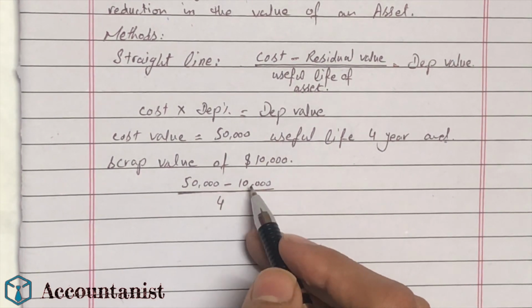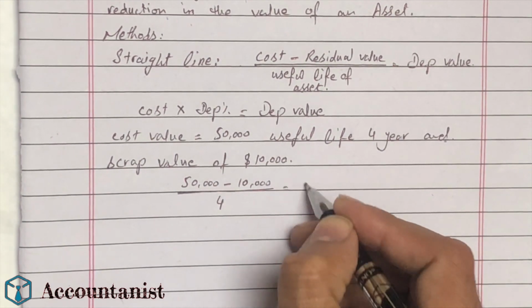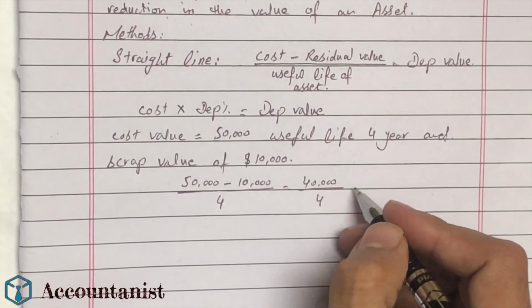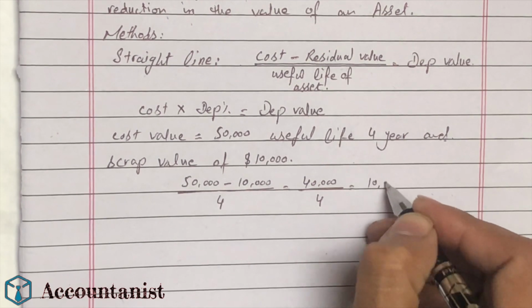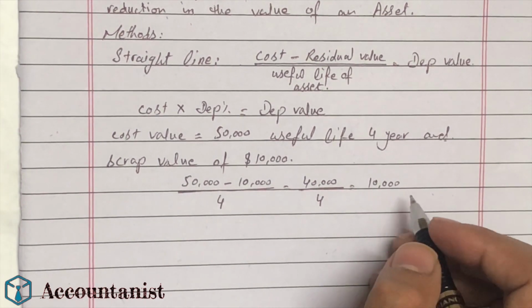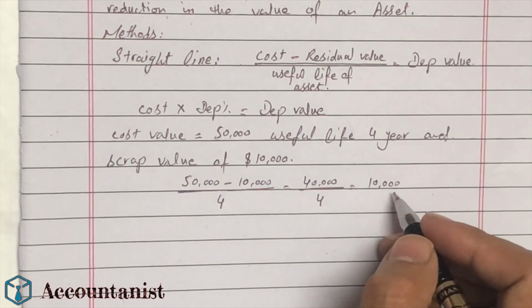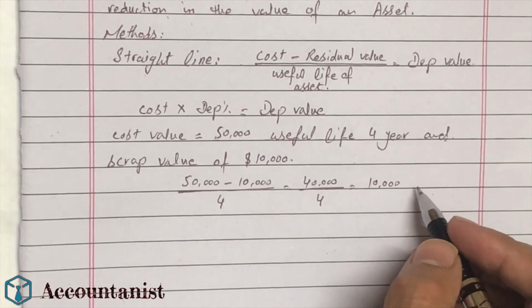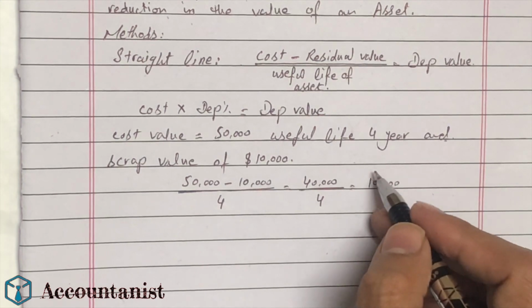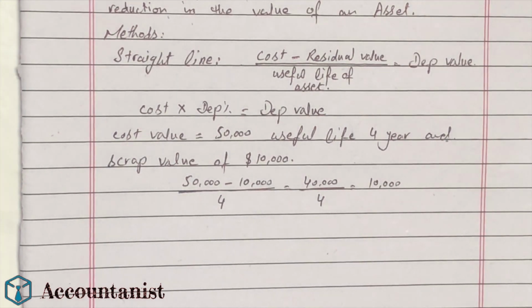So 50,000 less 10,000 will give me 40,000. 40,000 divided by 4 will give me the answer. The depreciation figure is 10,000. That will be the depreciation value of every year, meaning every year the asset is going to be reduced by this amount.